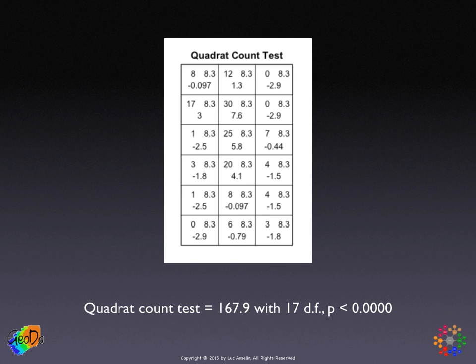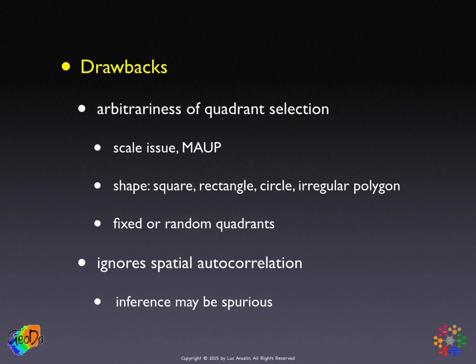This is a very quick and dirty test, but it has its problems, one of which I already alluded to is the arbitrariness of the selection of the quadrant. What is the polygon? Should it be large? Should it be small? This gets us back into this modifiable areal unit problem we talked about in the first module, scale issues.